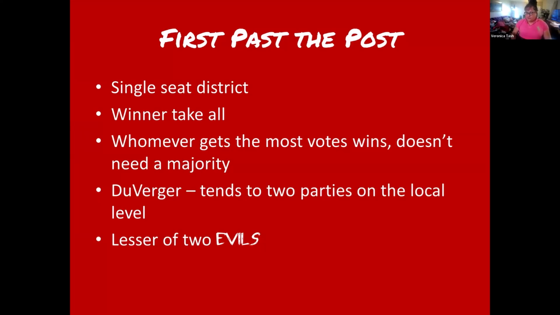A plurality does. And as a result of this, we have the wisdom of Duverger, who gave us Duverger's law, that first past the post systems tend to two parties on the local level. In the United States, it's always the Democrats and Republicans.